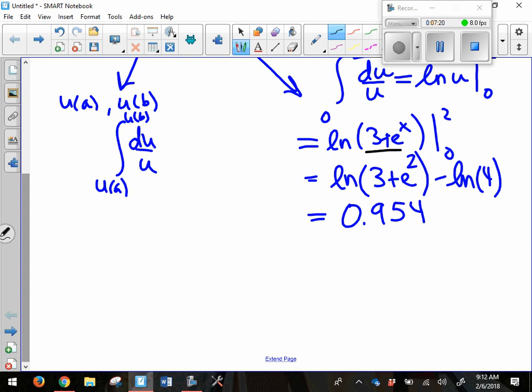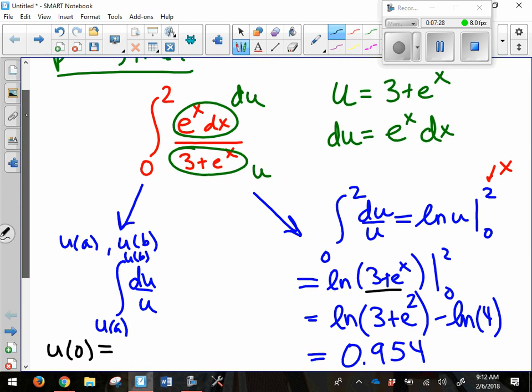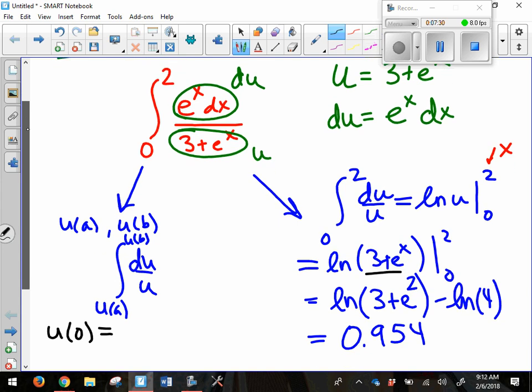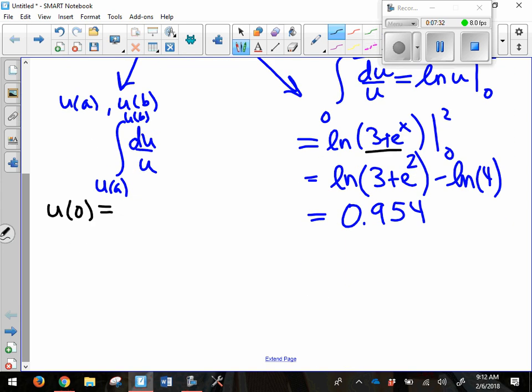The other way to do it, like I said, is to figure out what u of a is. So that's going to be u of 0. U is 3 plus e to the x. So that would be 3 plus e to the 0, which gives me 4.